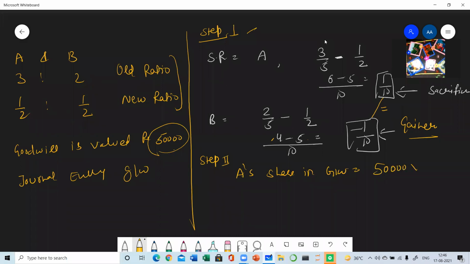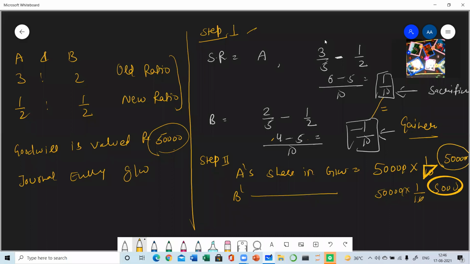Goodwill may be given in the question, and if it is not given, then you need to calculate the amount of goodwill on the basis of any of the previously learned methods. So 50,000 into A's 1/10 is 5,000. And now calculate B's share of goodwill. You can see it will remain the same as the gain and sacrifice are the same. So 5,000. So 5,000 is the gainer's share in the goodwill and 5,000 is the sacrificer's share in the goodwill.